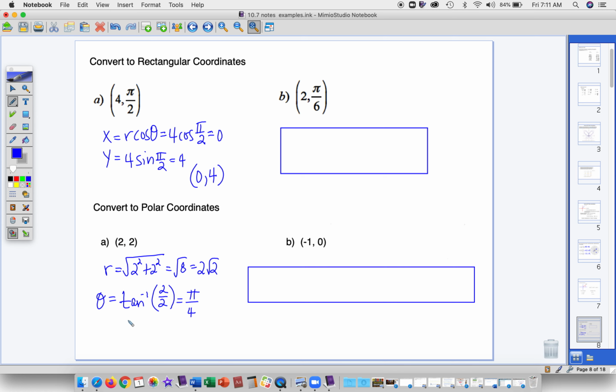So some of these, if you recognize where the point is, you don't really need to do the work. A lot of them you could just figure out by knowing the location of the coordinate. So go ahead and try the B examples, pause the video, and when you're done, come back and we'll compare solutions.